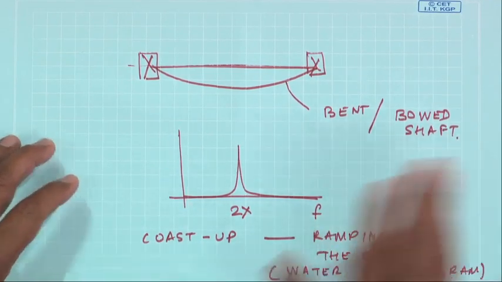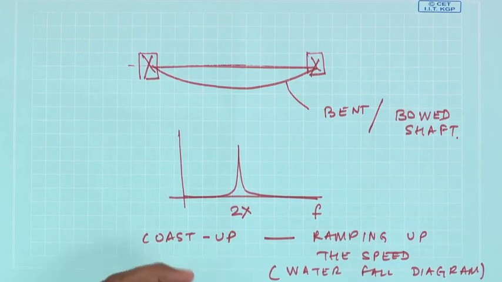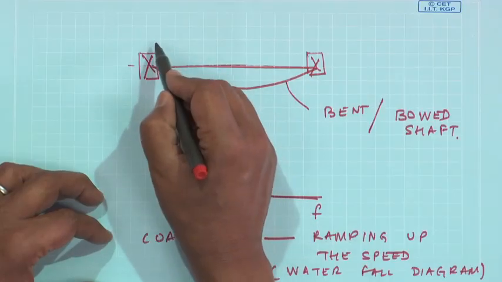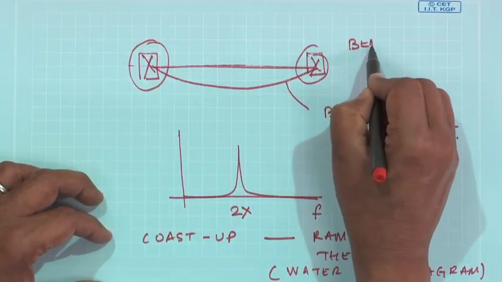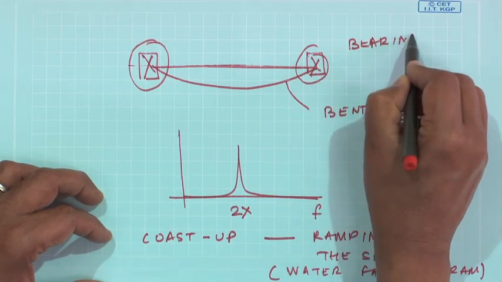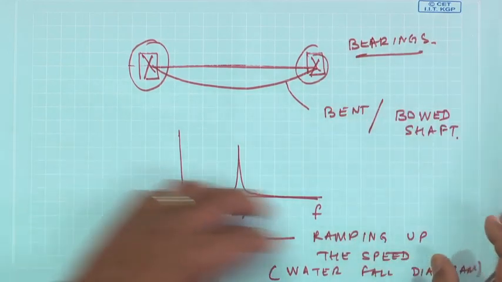Now, the problem with condition based monitoring, condition monitoring is the original source could be a bent shaft or an unbalanced, but the effect is actually felt in the bearings. And why it is felt in the bearings is something I will explain to you now.